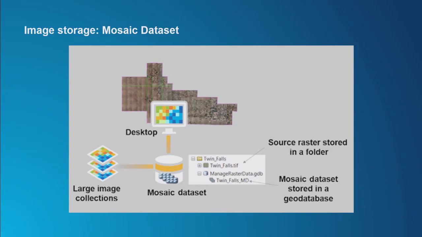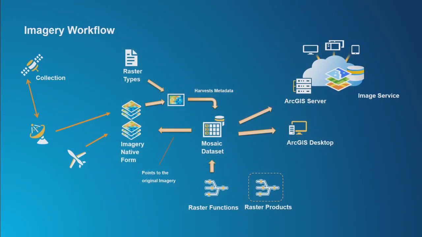And to give you the big picture, in all likelihood, for our imagery workflows, we will probably use a combination of Mosaic data sets and image services. Imagery that is captured by satellites or aerial photography, whatever the source is, or drones. First of all, we need to process that imagery and store it locally, preferably in a Mosaic data set. That's what we see here on the left side of the slide.